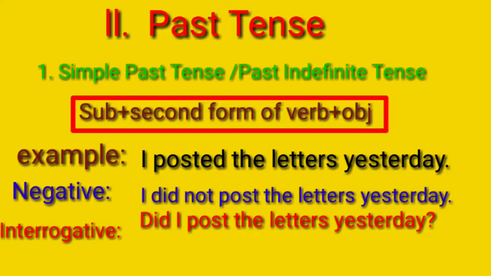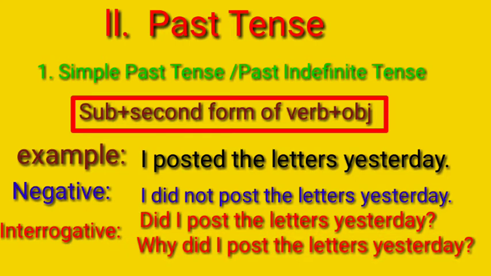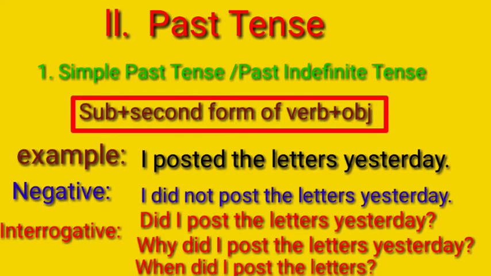Why did I post the letters yesterday? Okay. If the question word is when, then we can write when did I post the letters? Okay. After that question mark. Yesterday will come as the answer.